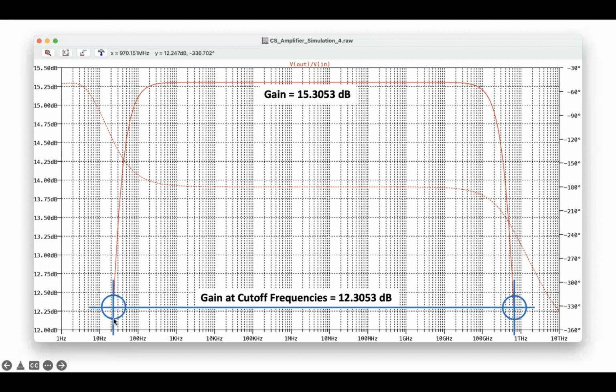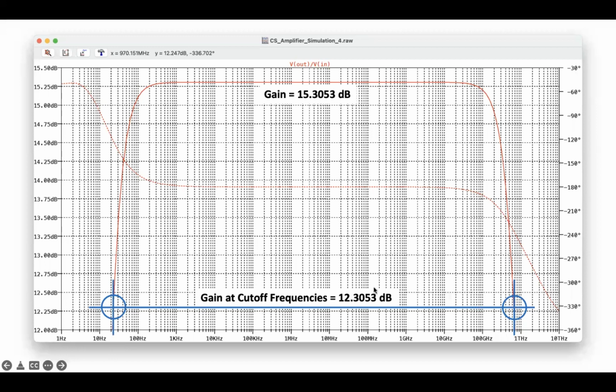So this gives us a lower cut-off frequency of mga ilan yan, parang more than 20 hertz, and a higher cut-off frequency of ilan to? 200, 300, 400, 500, 600. So more than 600 gigahertz. So you can apply an input signal within this range.